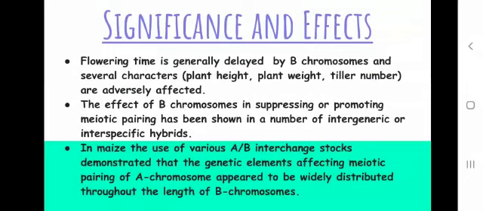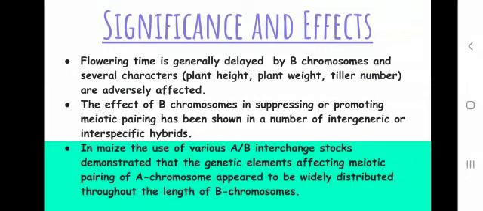Significance and effects of B chromosomes. Flowering time is generally delayed by B chromosomes, and several characters are adversely affected, like plant height, plant weight, tiller numbers, etc. The effect of B chromosomes in suppressing or promoting meiotic pairing has been shown in a number of intergeneric or interspecific hybrids.